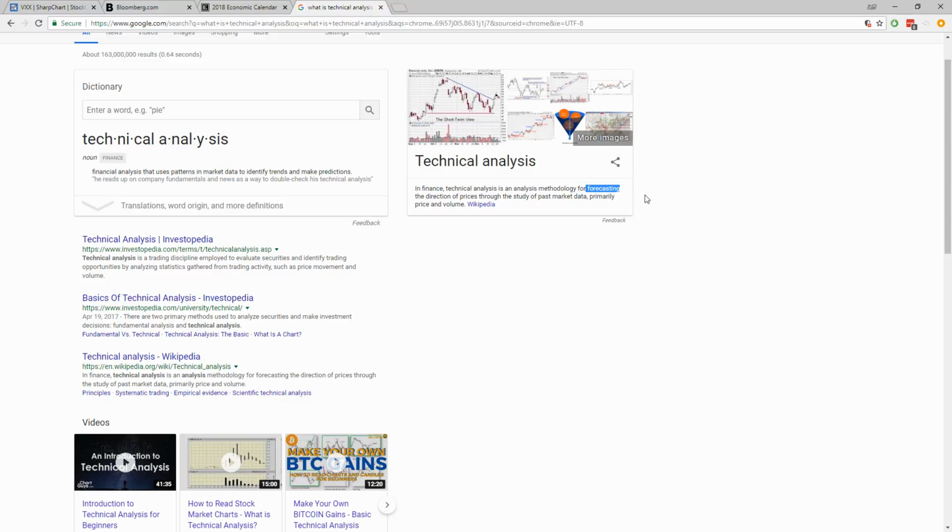Now, does technical analysis work, right? Does this method of looking at statistics really work? You can argue, with college football analysts, do the stats really work? They give the commentators something to talk about, right? So in that regard, they work, but do they work in terms of really understanding the game?